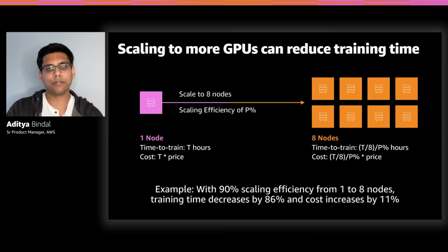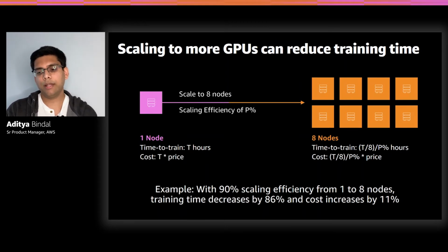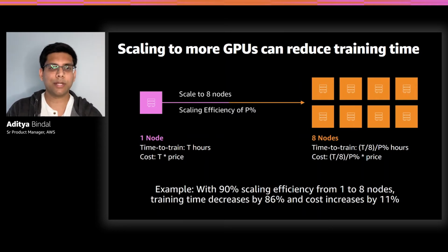Your scaling efficiency, which we measure as the percentage of the ideal linear scaling you would get if you went from that 8 to 1 example we just talked about, in an ideal case is 100%. But in reality, it's not 100%. So for example, if you have a scaling efficiency of 90%, then going from 1 to 8 nodes will decrease the training time by 86%, but increase the cost by only 11%.